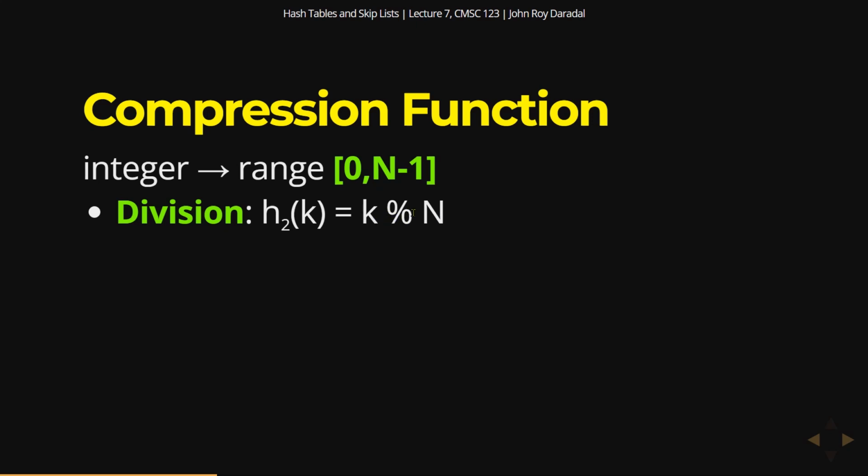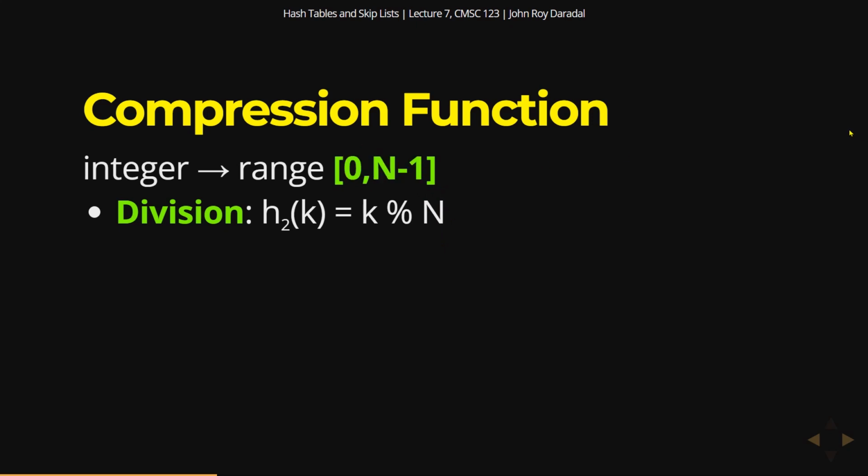So k modulo n. We take the remainder of this division and use that as the index, because the remainders for division by n would be any number from 0 to n minus 1.